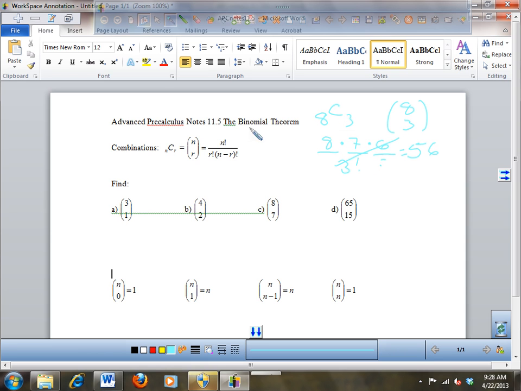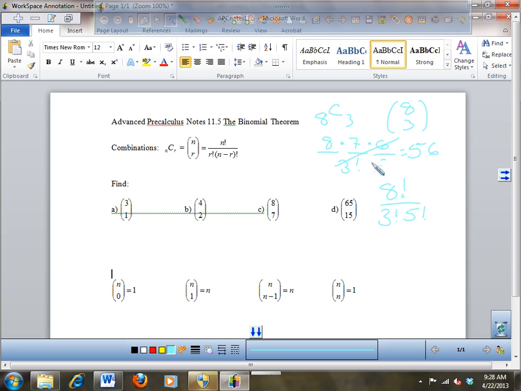Now, using this formula right here, which is a little bit confusing, all you would do is go 8 factorial over 3 factorial times n minus r factorial, which is 8 minus 3 factorial, or 5 factorial.